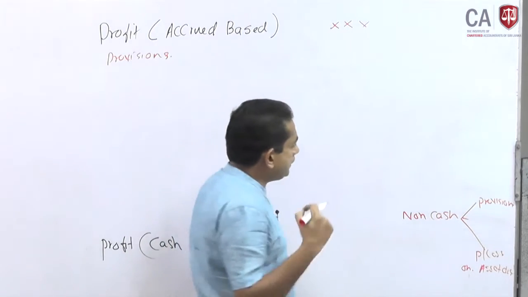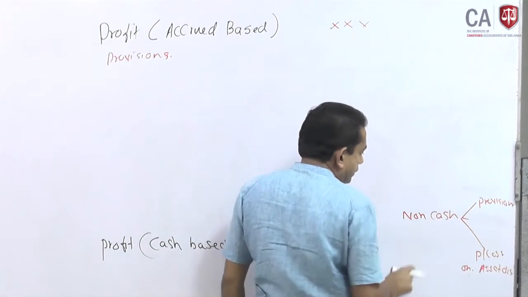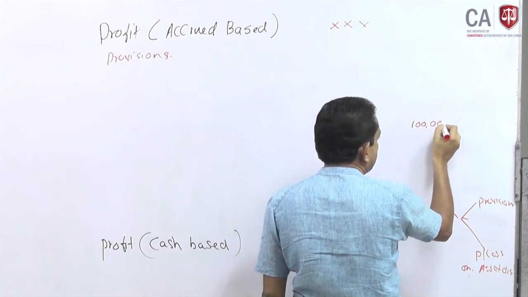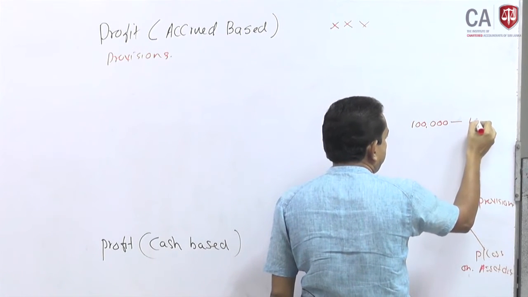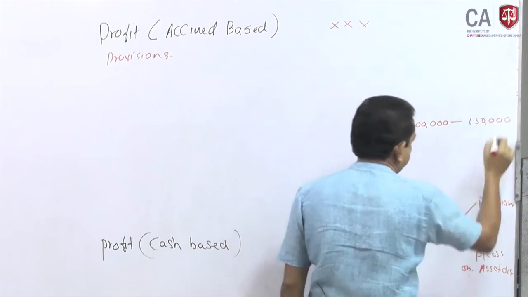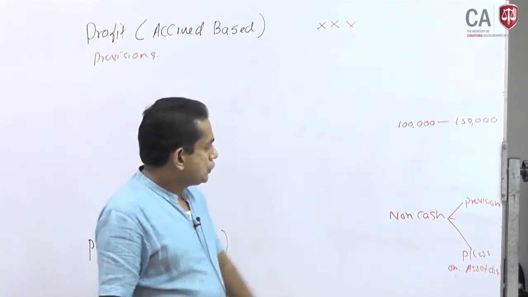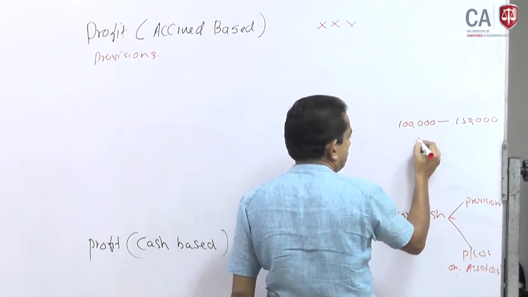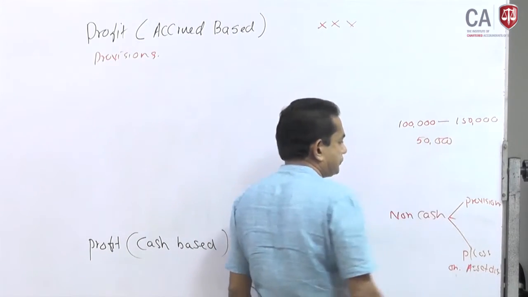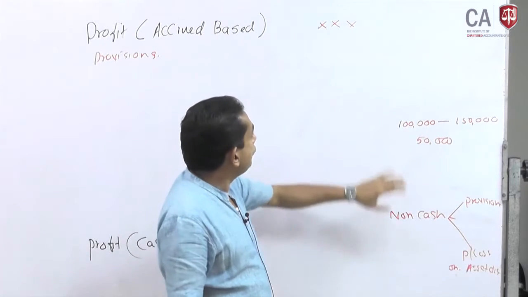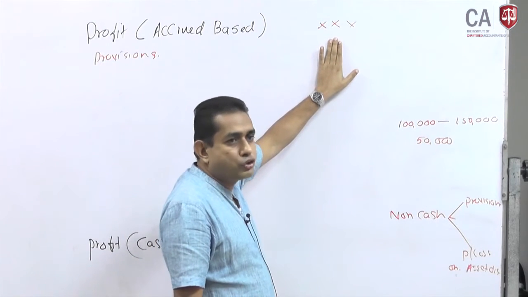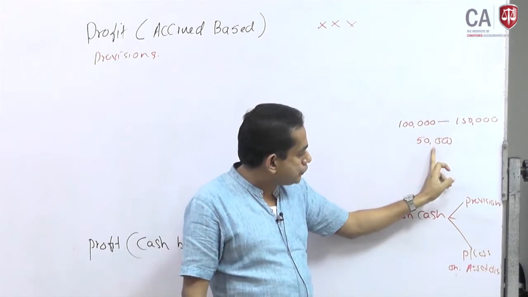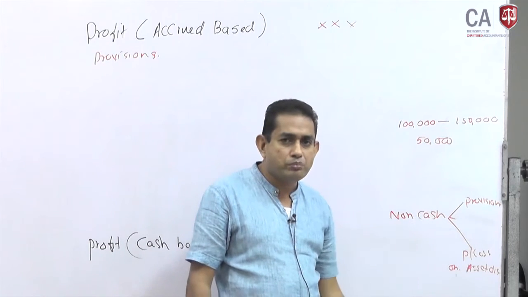Let me take a simple illustration to show the second aspect of non-cash transaction. Say we had an asset of 100,000 which was sold at 150,000 rupees during the year. So the profit you earn from the sale of asset is 50,000, and it is this 50,000 you should have included into accrued profit, but the cash element of this transaction is not 50,000, the cash element should be 150,000.